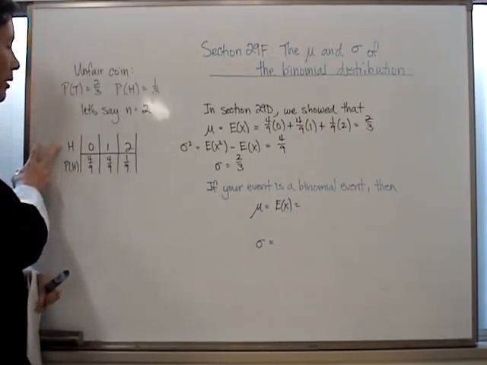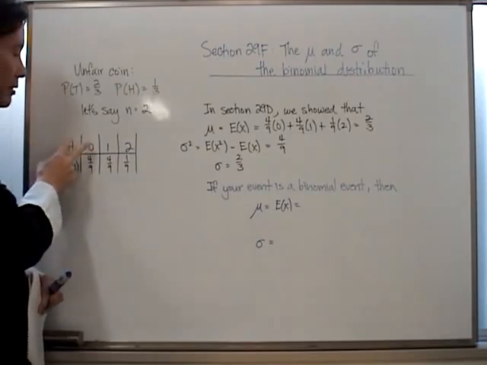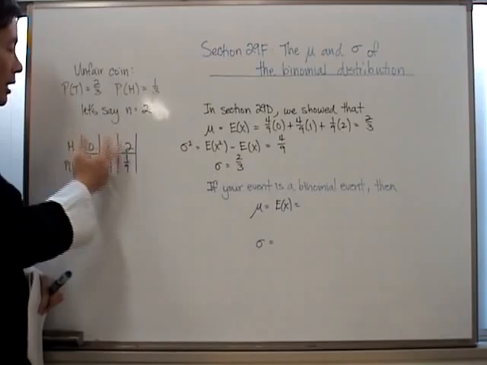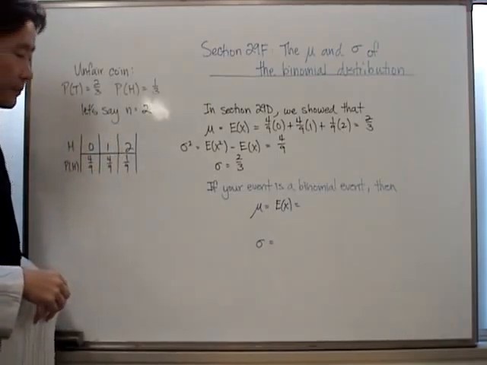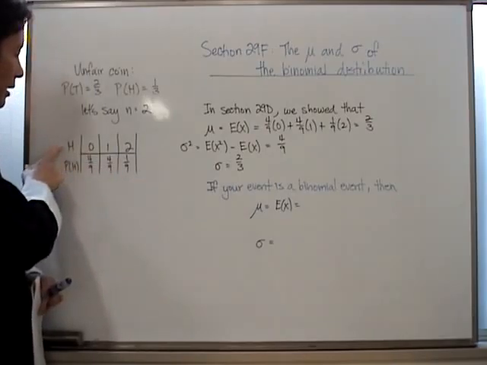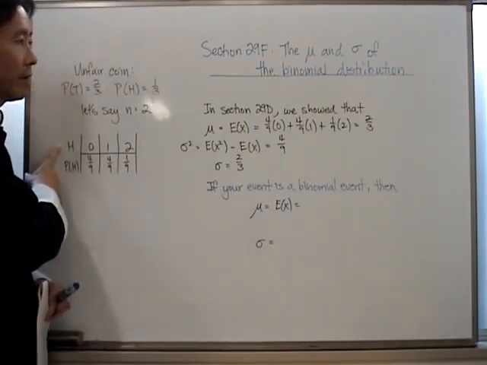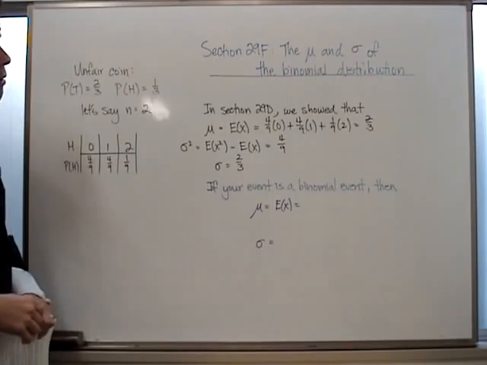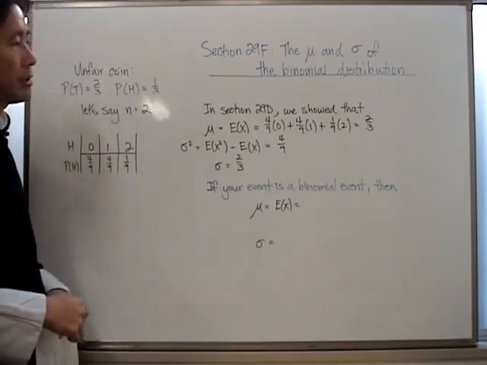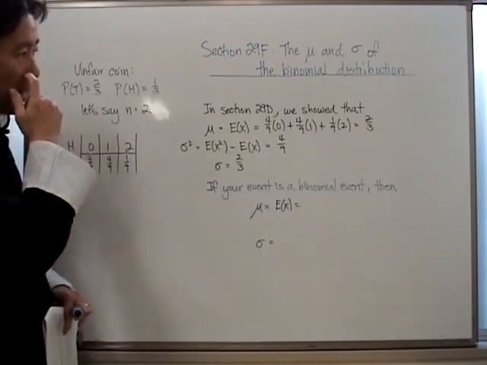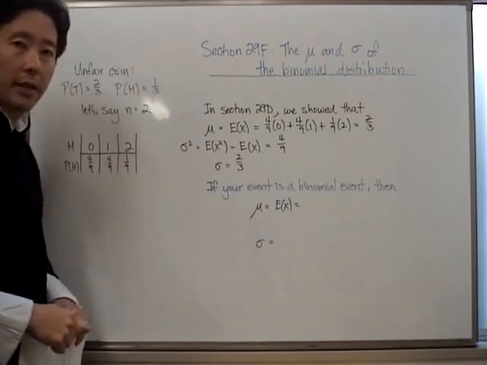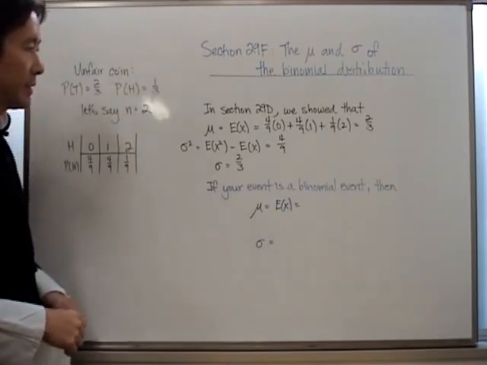So the discrete random variable could have values of 0, in other words no head showing, 1, or 1 head showing, and 2, which is both heads showing. Then we have the associated probabilities for those values. Now, in section 29D, we already showed that in order to calculate the mean, all we need to do is calculate the expectation of the event.